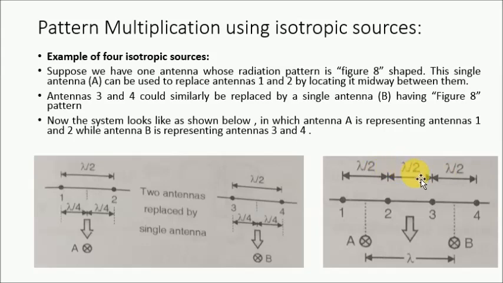From the resultant to source 2 the distance is lambda by 4, and from source 3 to the middle B the distance is lambda by 4. So lambda by 4 plus lambda by 4 is lambda by 2, and this is lambda by 2, so lambda by 2 plus lambda by 2, the distance becomes lambda. Now resultant A and resultant B are separated by lambda.